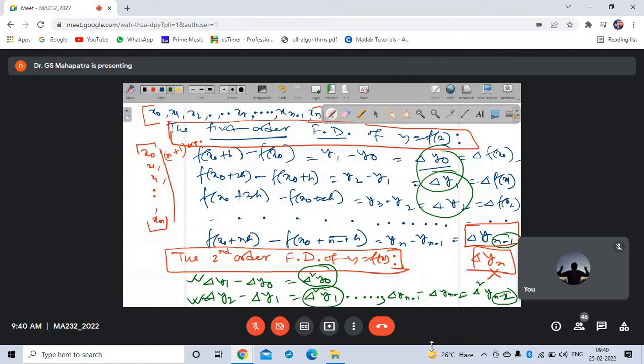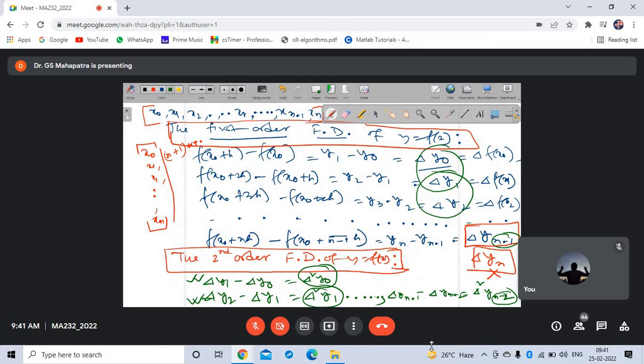Now what will be the third order differences? These are the second order differences. Differences of the first order, of course consecutive, is called the second order. Then what is the third order differences?